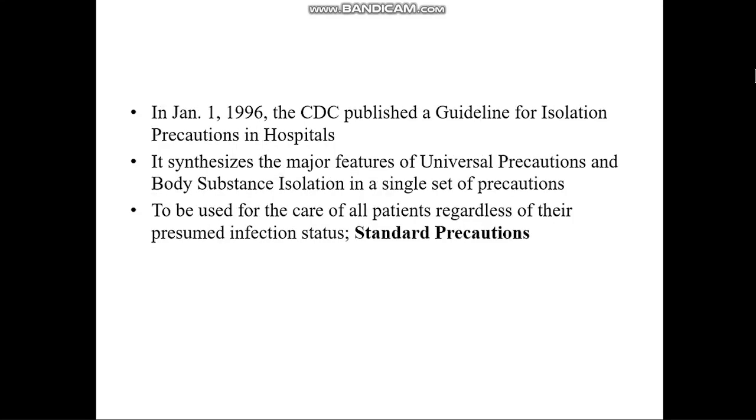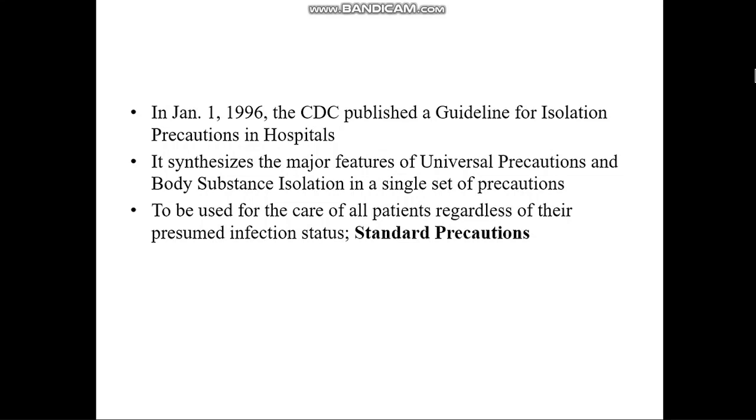On January 1, 1996, CDC published a guideline for isolation precautions in the hospitals because there were so many confusions regarding universal precautions and body substance isolation, which was published not by CDC but by infection control personnel at the Harborview Medical Center in Seattle, Washington. Still, body substance isolation also had some confusions.